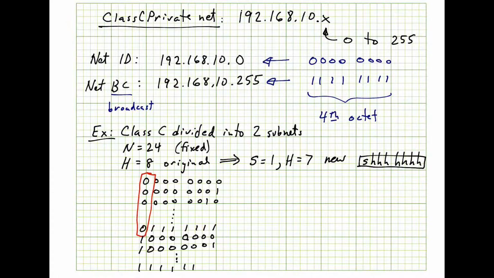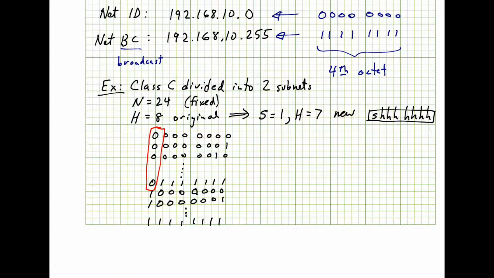I'm going to move it up here. All ones. Okay? And so now we have 128 IPs here, and we have 128 IPs here.